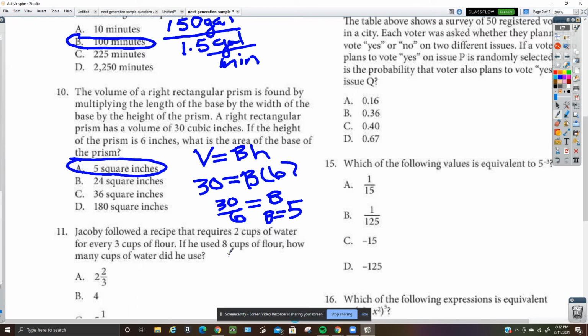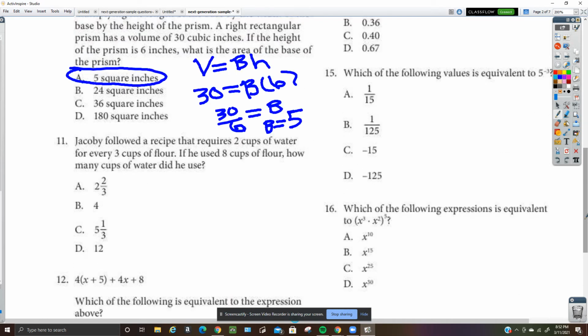Jacob followed a recipe that requires 2 cups of water for every 3 cups of flour. If he used 8 cups of flour, how many cups of water did he use? So 2 water over 3 flour is equal to X water over 8.